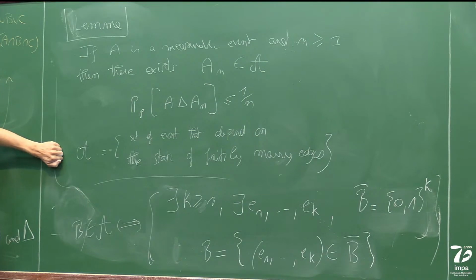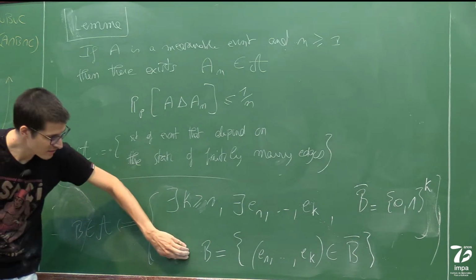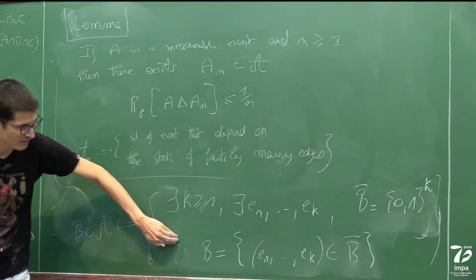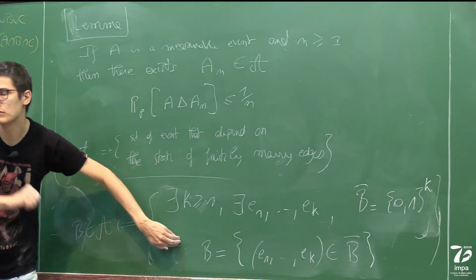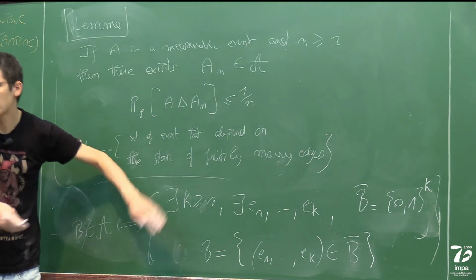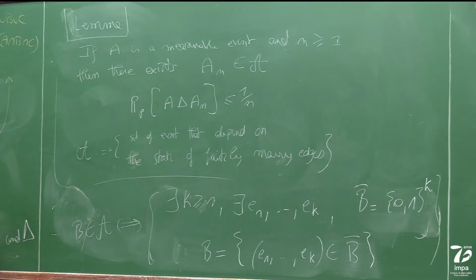And what Carathéodory says is that basically you can define the probability of events of this type, and you have to check that what you obtain is sigma finite, but this is what is done in the proof of Carathéodory's theorem.